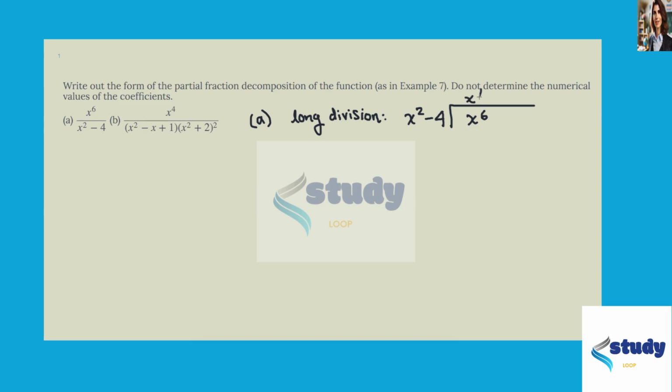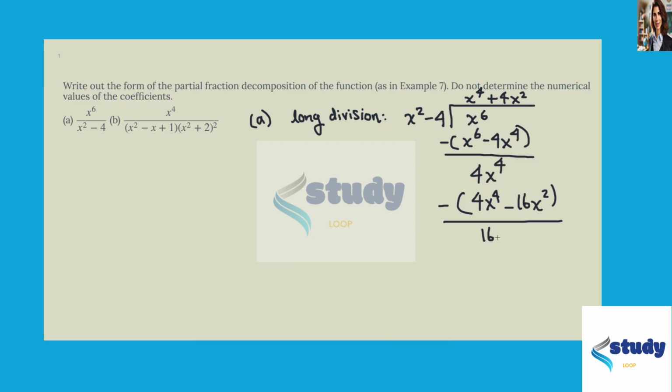We have x to the 4th over here, and then that'll give us x to the 6th minus 4x to the 4th power. Go ahead and subtract. And then up here we get a 4x squared minus 16x squared.